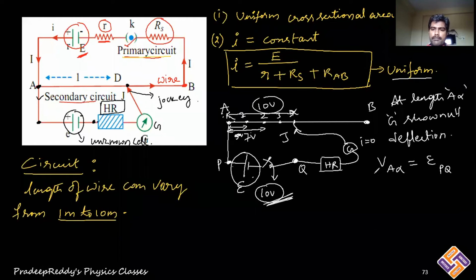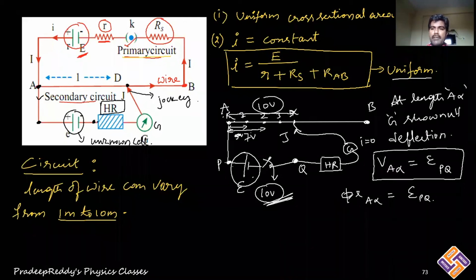Now come here. The voltage dropped across A alpha is equal to the potential across PQ, which you are connecting in the slot PQ. Now what is VA alpha? VA alpha can be written as pi into length A alpha, which is equal to EPQ. Pi is already known.